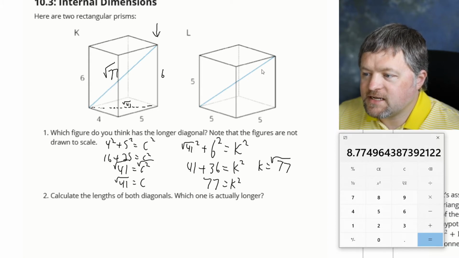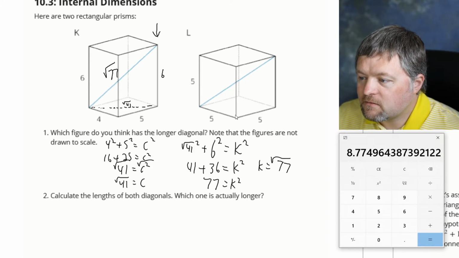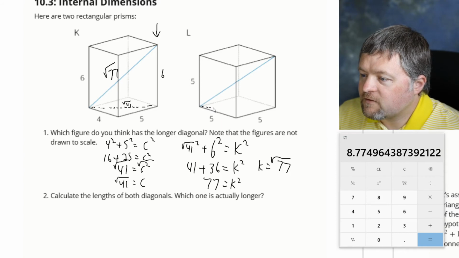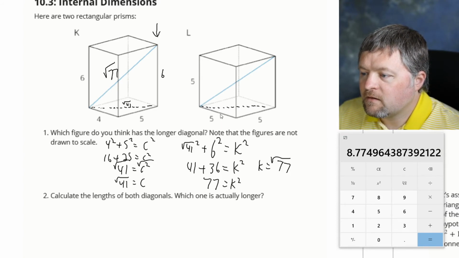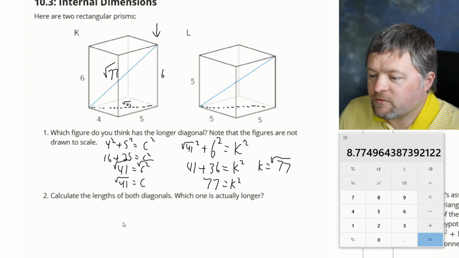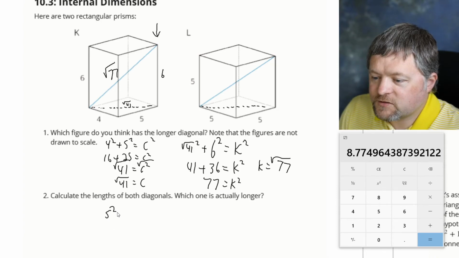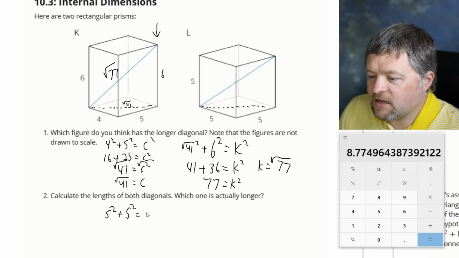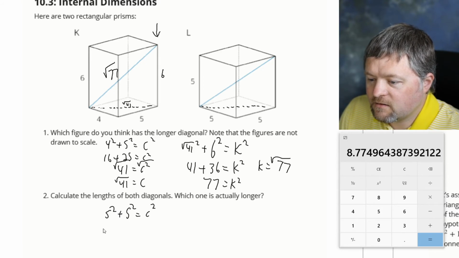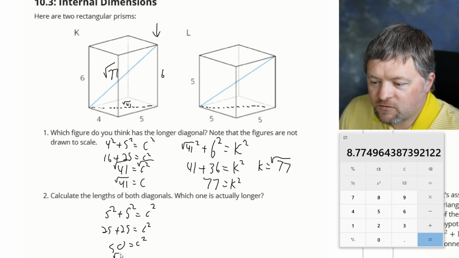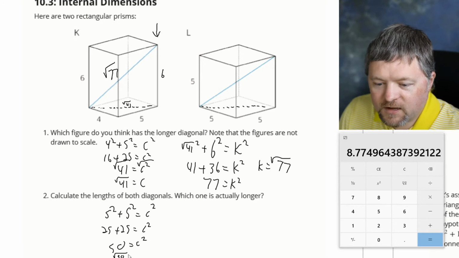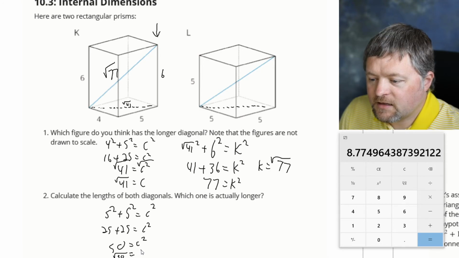Now we have to do the same thing for L. We need to find this length. That leg and that leg are both 5, so 5 squared plus 5 squared equals c squared. 25 plus 25 equals c squared. 50 equals c squared. So the square root of 50 is equal to c.